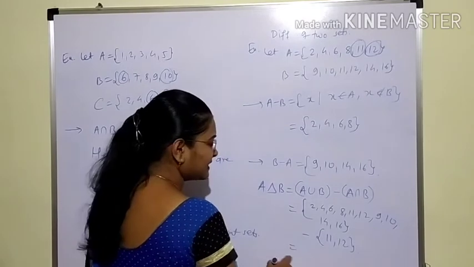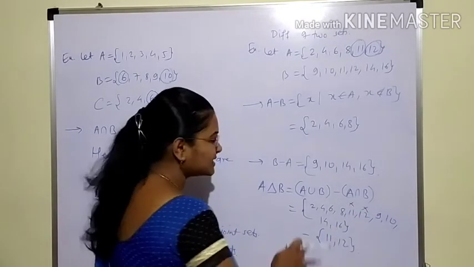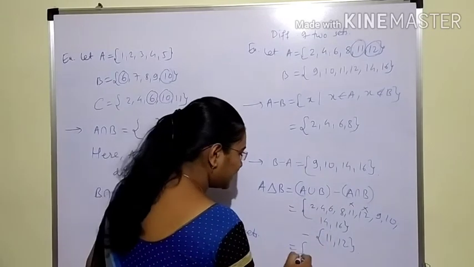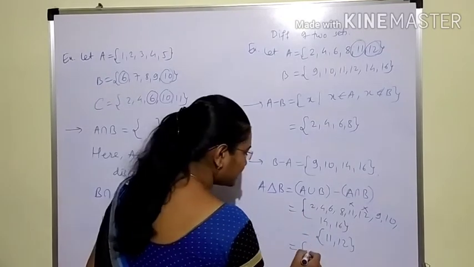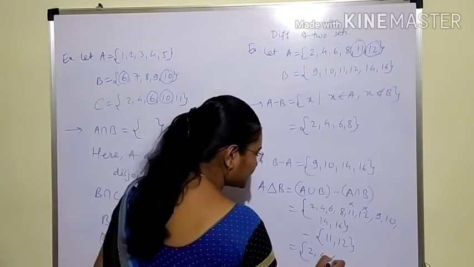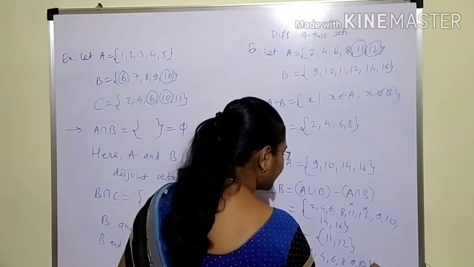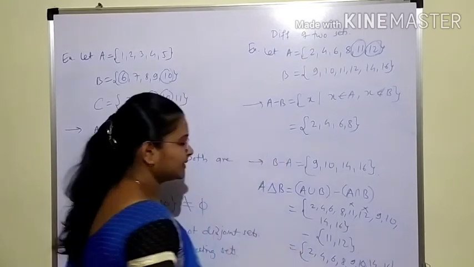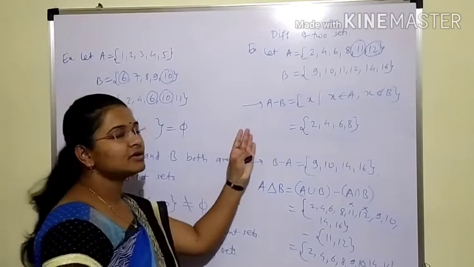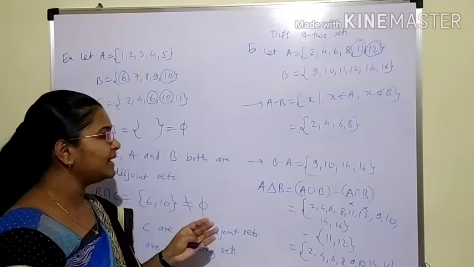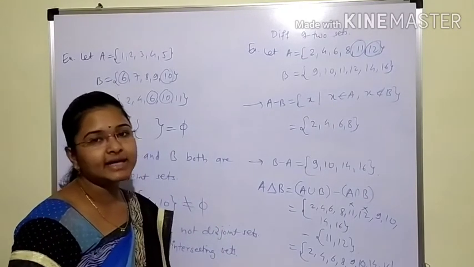So the difference, that means 11 and 12 will not be written from the original set A union B. So the elements that are in the symmetric difference of two sets are 2, 4, 6, 8, 9, 10, 14 and 16. Understood? So here we have seen disjoint sets, difference of A and B, difference of B and A set, and the symmetric difference of set A and set B.